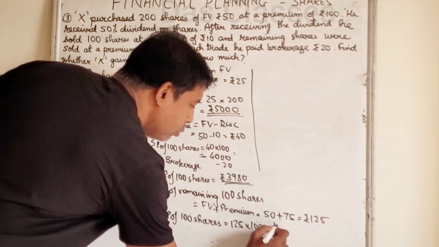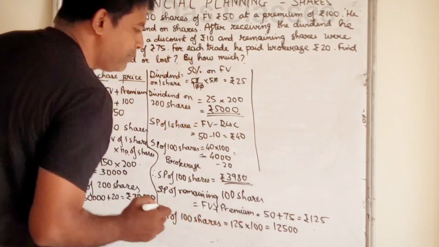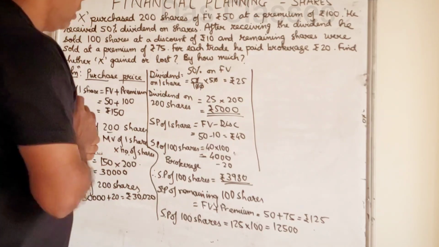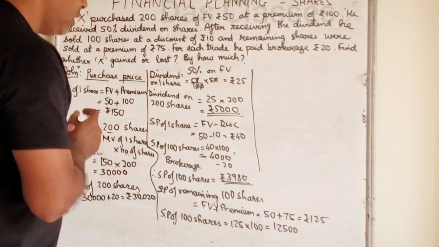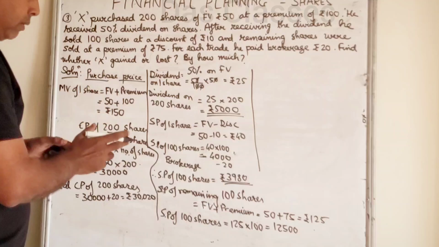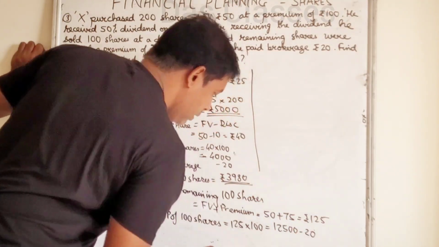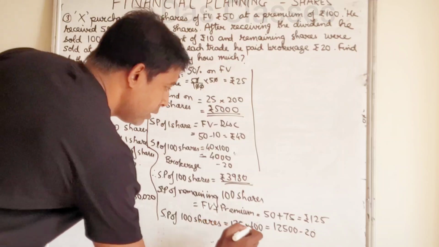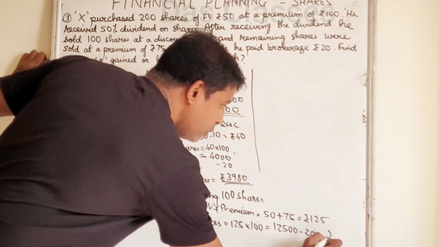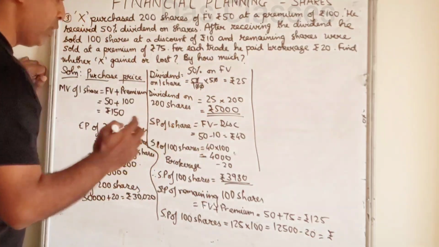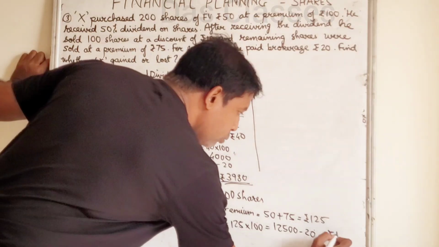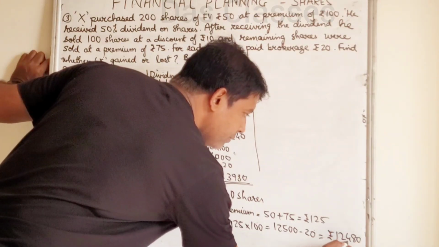That is 12,500. Again, for this transaction, he has to pay a brokerage of 20 rupees. So the amount he actually received is going to be rupees 12,480.